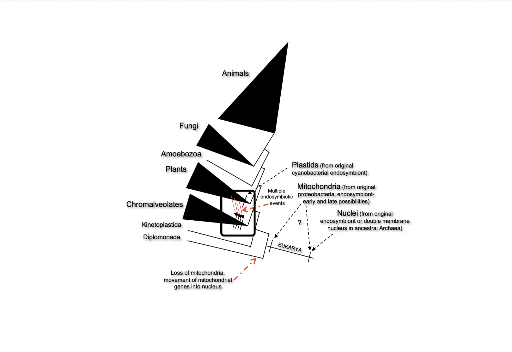And in a few cases, it seems that a few groups of organisms have gained not only a red algal endosymbiont, but also a green algal endosymbiont. So they've obtained a couple through these endosymbiotic events.